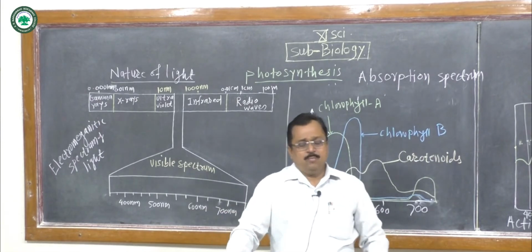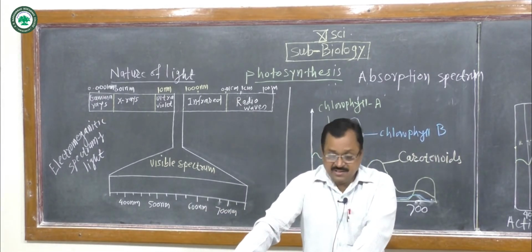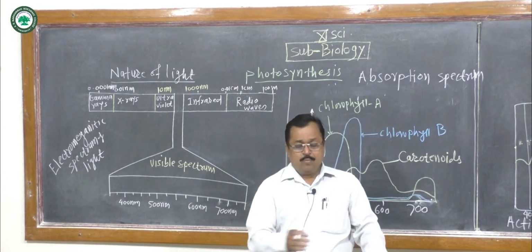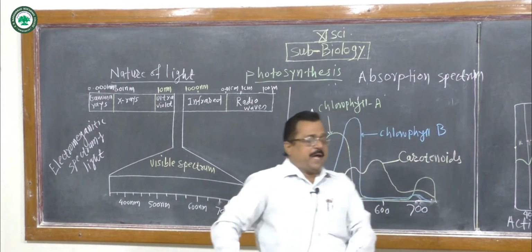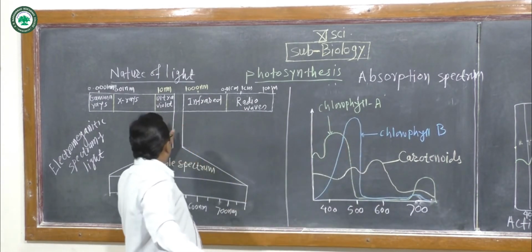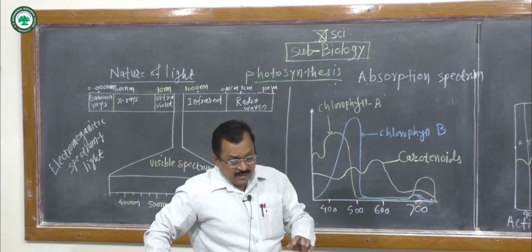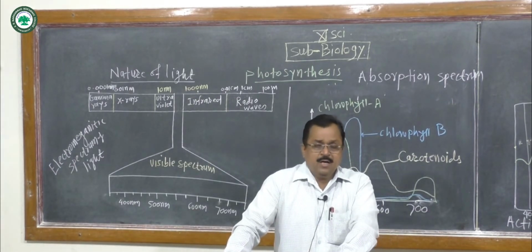It comes from the sun and travels in the form of tiny particles called photons. A photon contains a quantum of light, and light has different wavelengths, different colors.